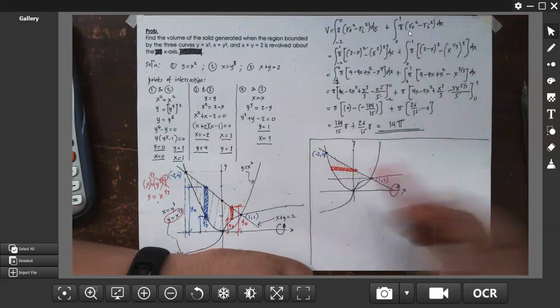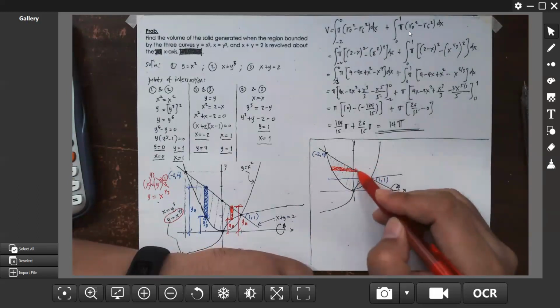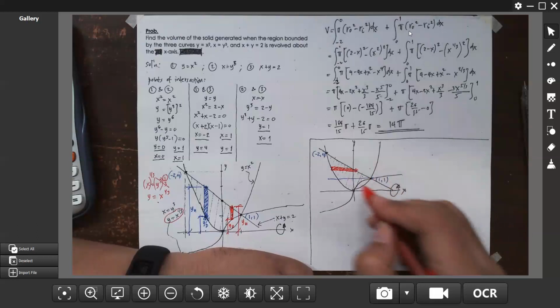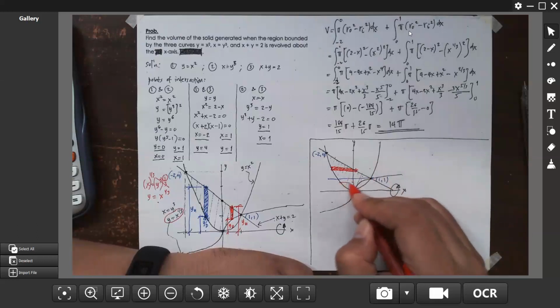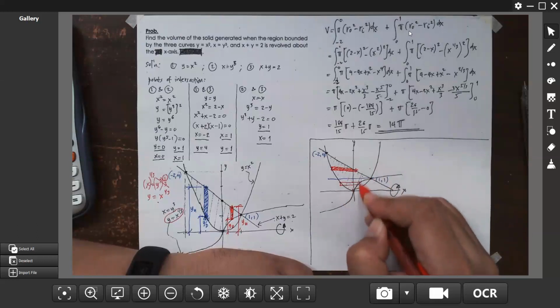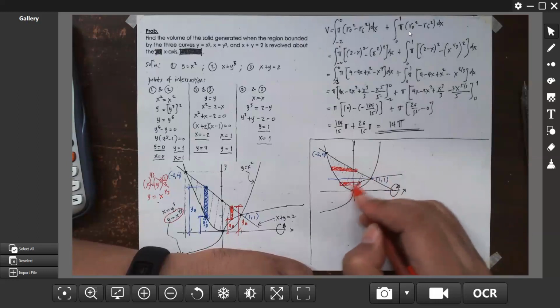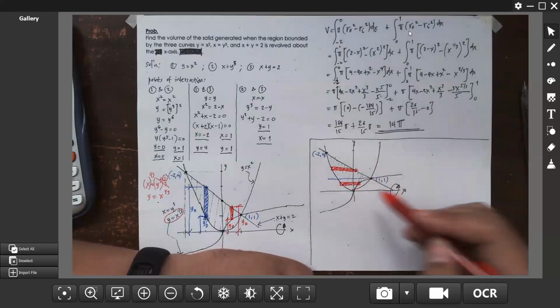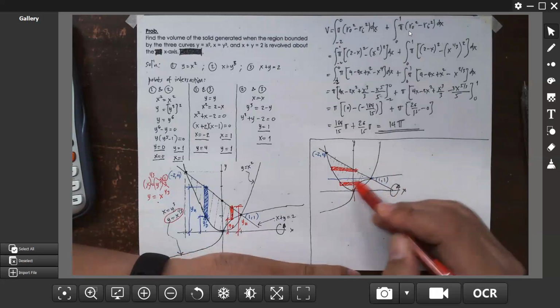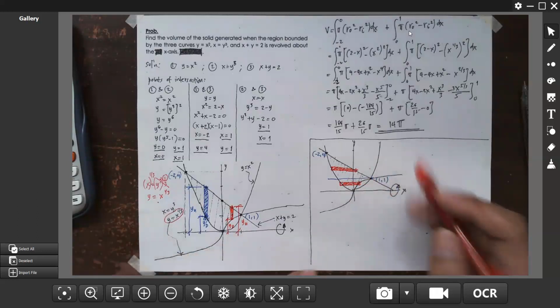For this one, the right side is the line, the left side is the parabola. Whereas for this one, the right side is the cubic equation, the left side is a parabola.